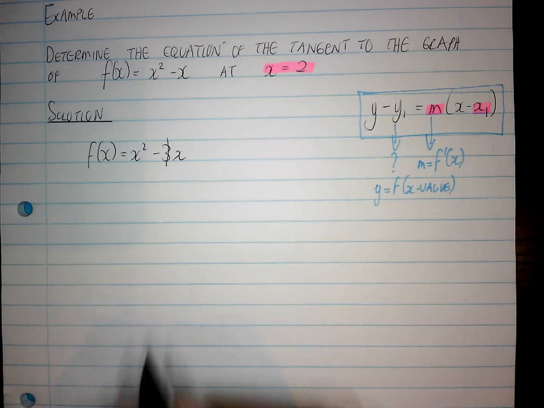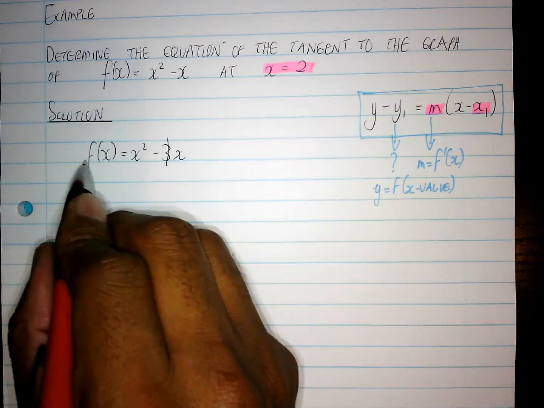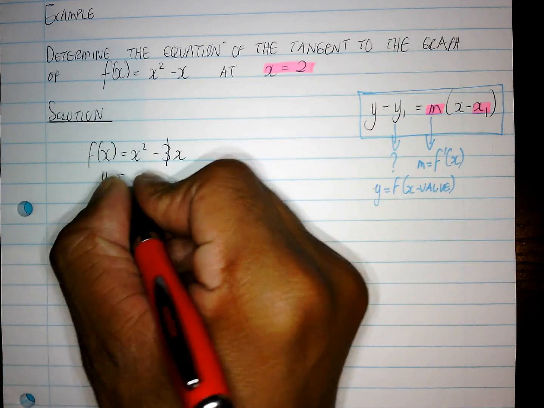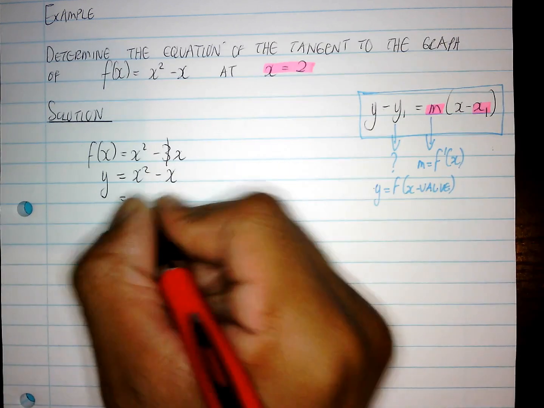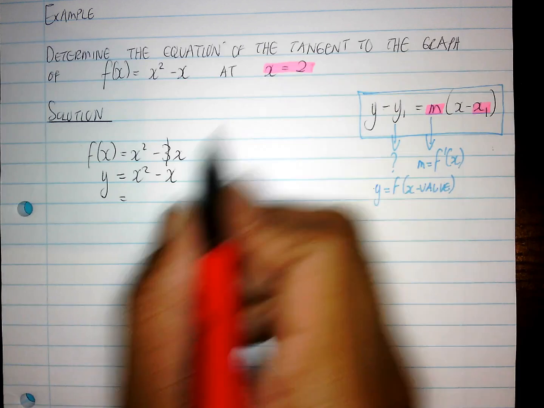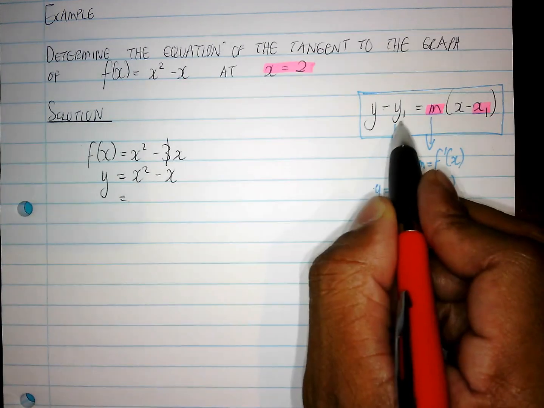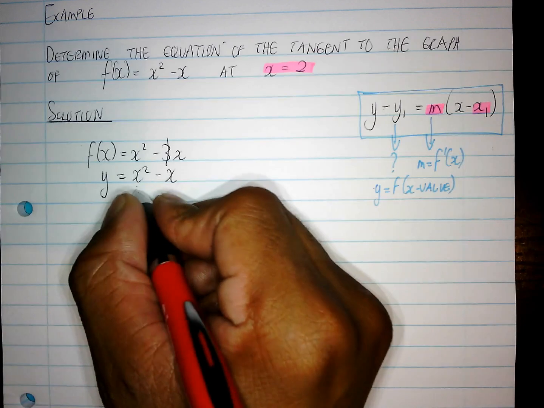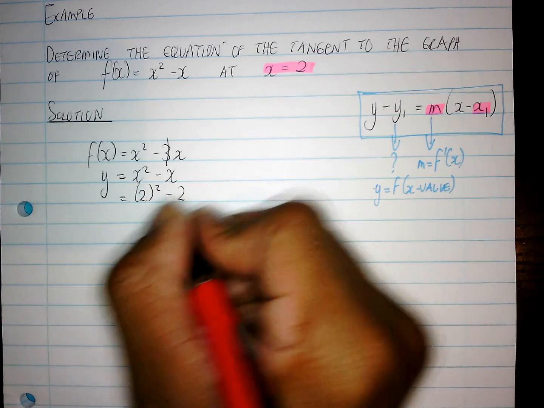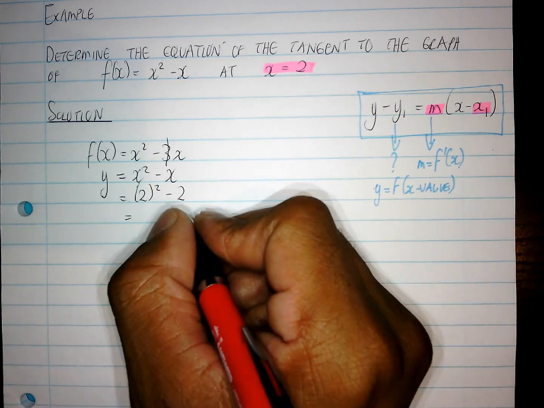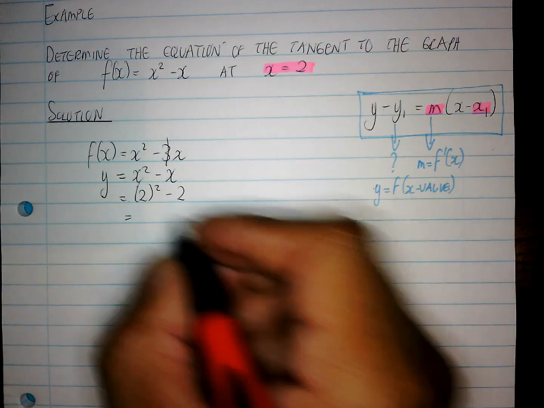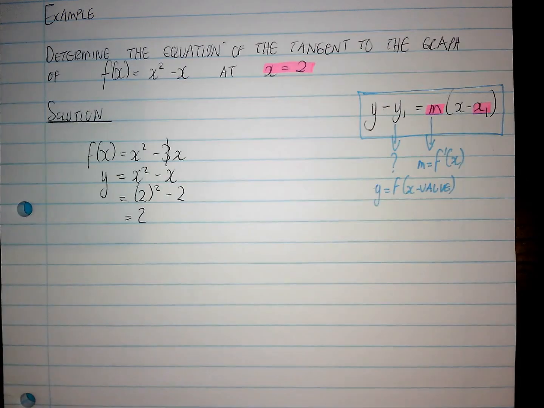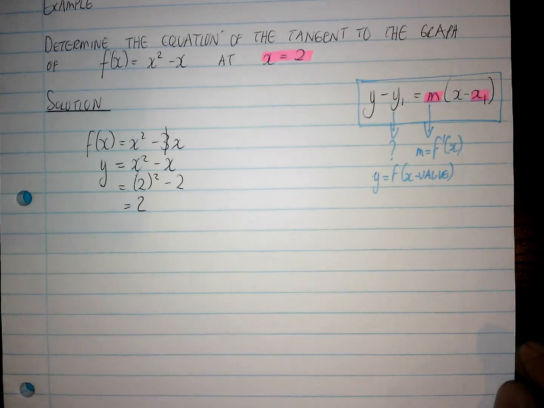Now to find y, remember f of x is y. So we're just going to substitute the value of x to find y. It's going to be 2 to the power 2 minus 2. So 4 minus 2 gives us 2.